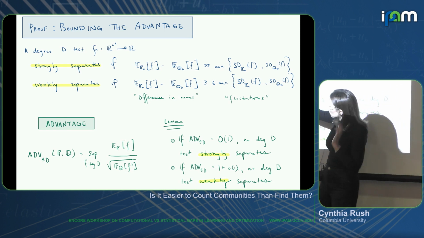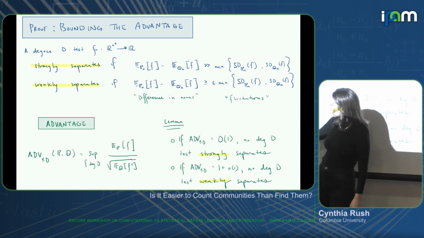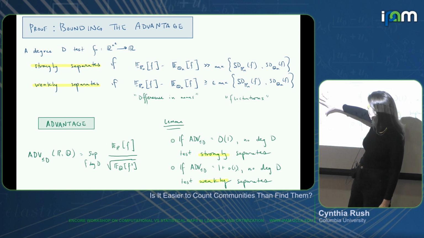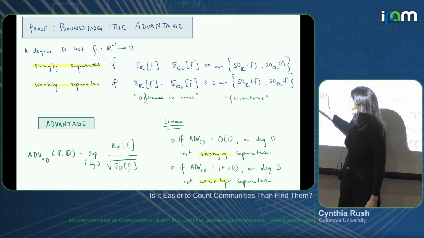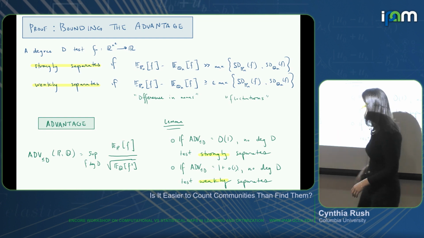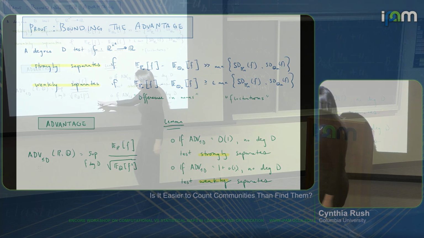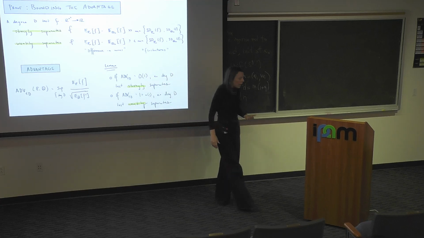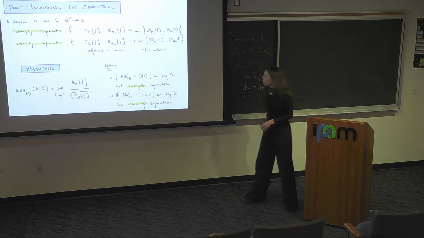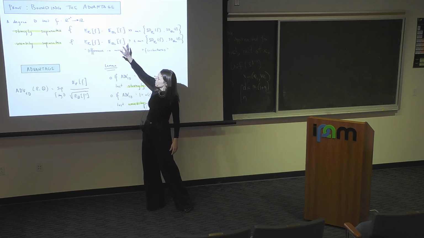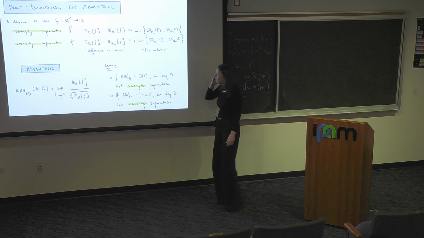What this advantage says is, look over all degree D polynomials, and you want to maximize the ratio of the mean under P, my null, and something like the standard deviation under Q. This advantage notion relates to these ideas of strong and weak separation in the following way.